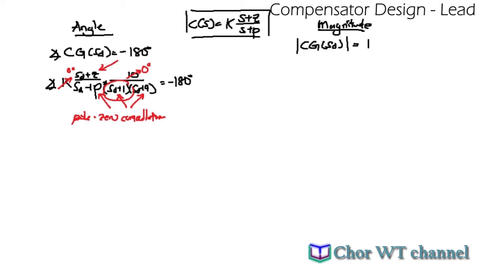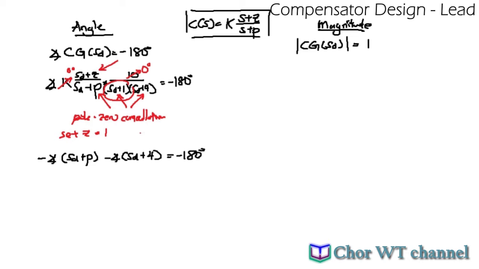So let's work it out by setting Z equal to 1 to cancel with the SD plus 1 here. The expression for this angle criterion will reduce to the angle of SD plus P minus the angle of SD plus 4 must be equal to -180. So we're going to calculate this angle of SD plus 4. Remember when you're trying to find the angle, you have to find the angle that contributes for the complex term.